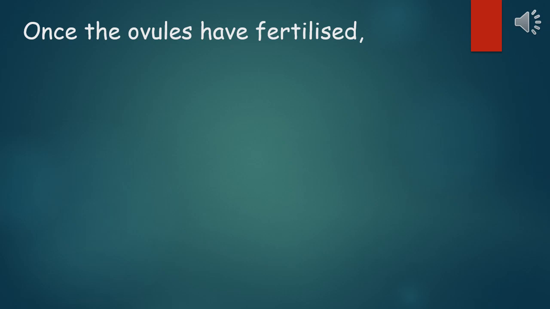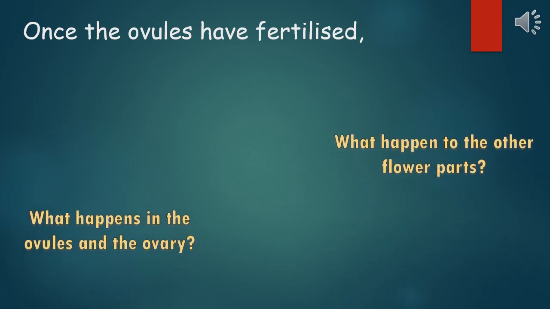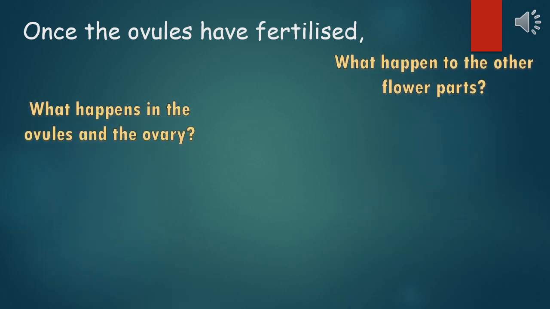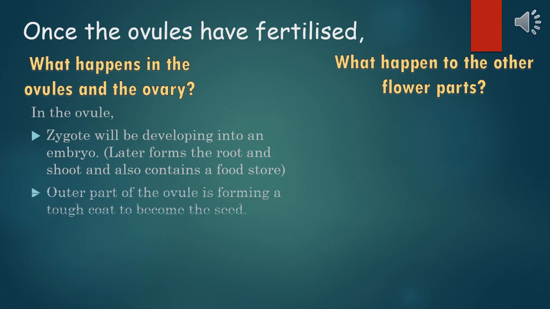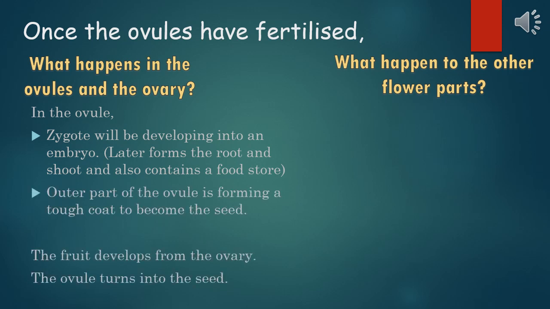My dear students, as I told you, the flower undergoes several changes after the fertilization. Let's try to understand this by using two sections. First, what happens in the ovary after fertilization, and then what will happen to the other flower parts.